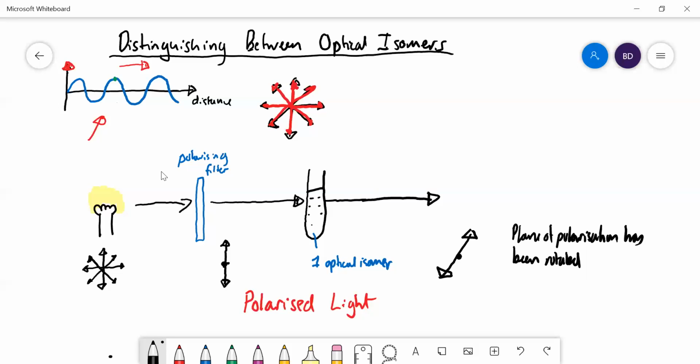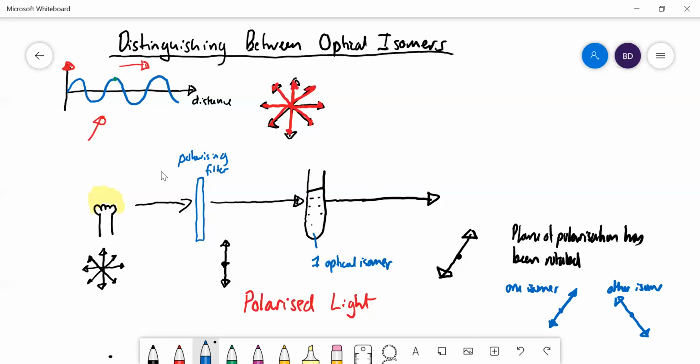If you have a mixture of the two optical isomers, then you won't notice the plane changing, because one isomer will rotate the plane in a clockwise direction, and the other isomer will rotate the plane of polarization in the opposite direction. So that's how you can distinguish between the two isomers.